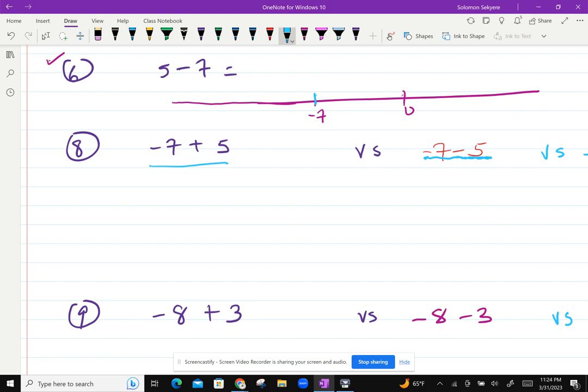So you have negative 7 right here. When we are subtracting, we count to the left, right? So negative 7, negative 8, negative 9, negative 10, negative 11, negative 12.